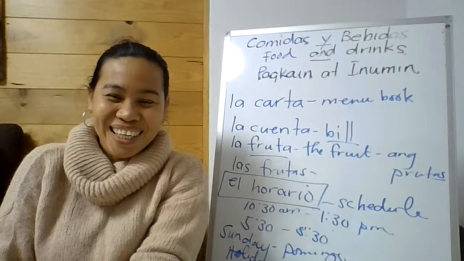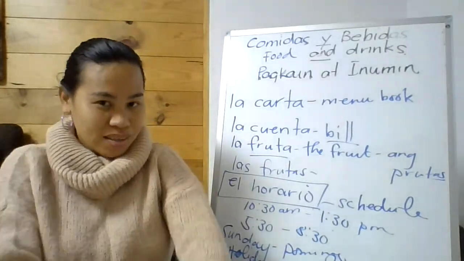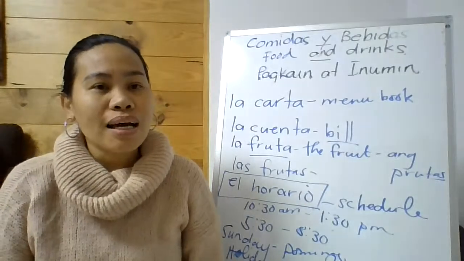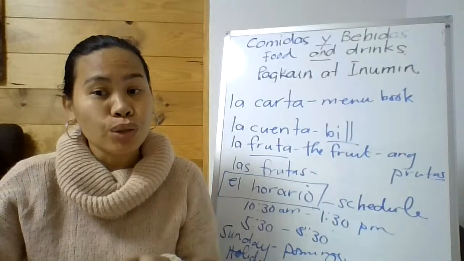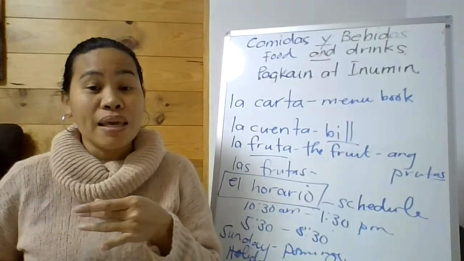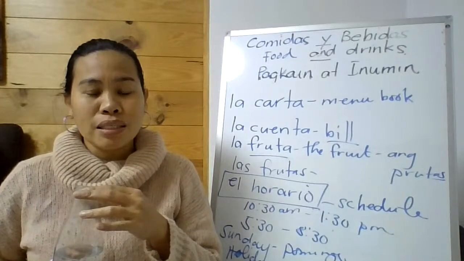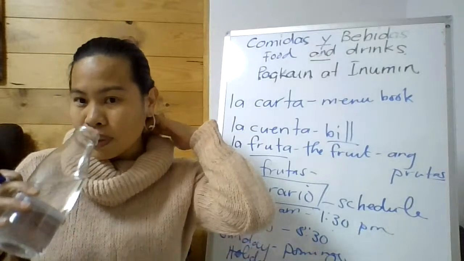Oo. Kaya nga, ganun yung oras nila dito. Kasi ang 7 ng hapon, tarde pa yan sa kanila. Ibig sabihin afternoon pa lang. Ang 7 PM, afternoon pa lang yan sa Spain. Ang noche sa kanila, yan 10 o'clock ng gabi.